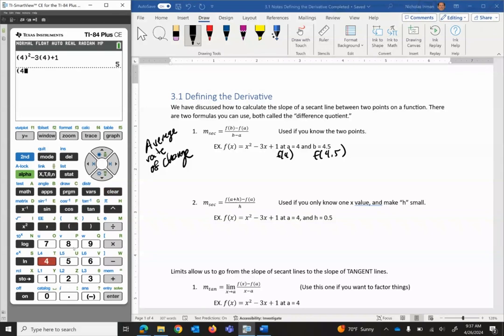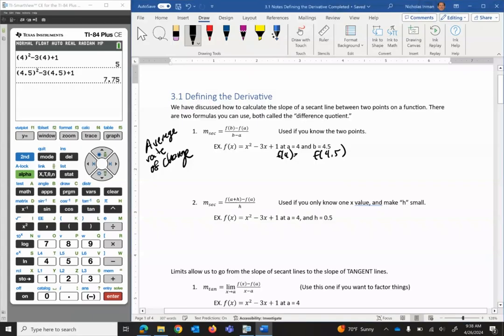I am struggling with my keyboard, I am sorry. All right, 7.75.